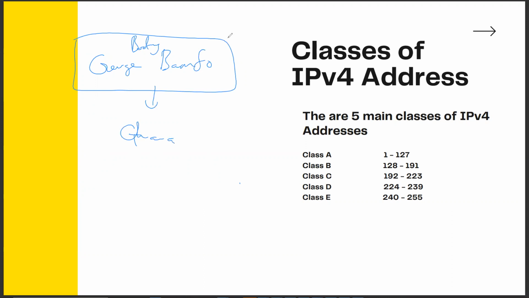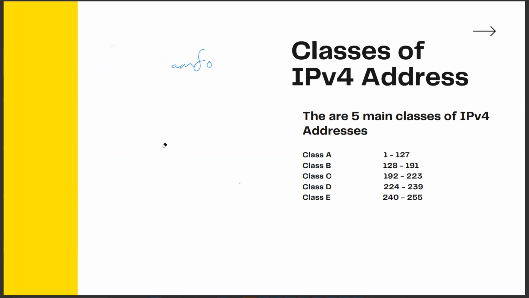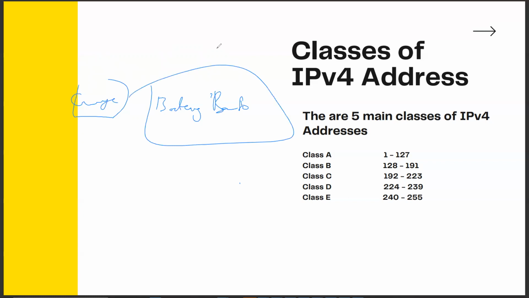The reason you're able to know that is not because of the first part, the George part, because it could be given to anybody in the whole world. But the other part, which is my surname, can clearly show that this guy may be from somewhere in Africa.